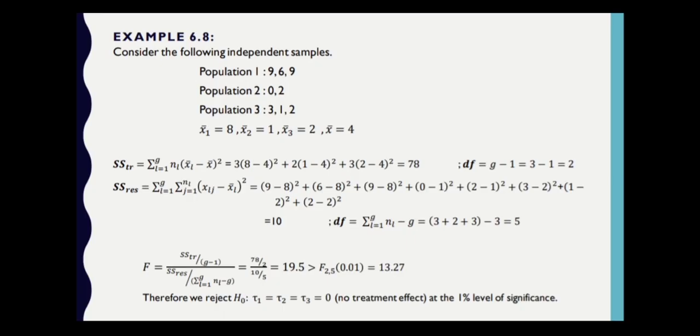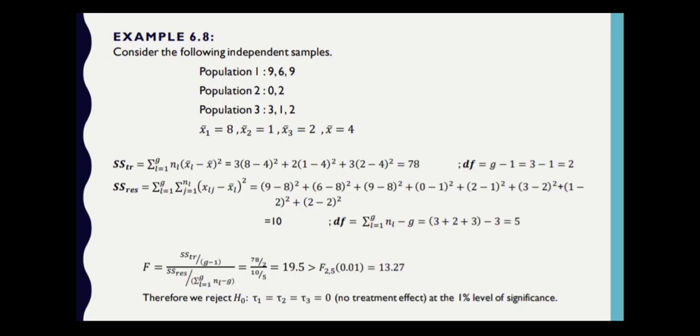So it will be 3, adalah 3 here is the sample size for first population. Okay, 8 adalah here mean for first population minus dengan overall mean. Okay, you need to do for each of the population, you will get 78 here.